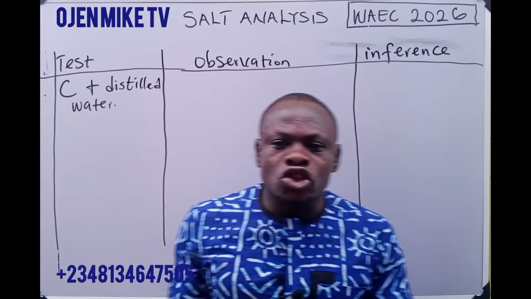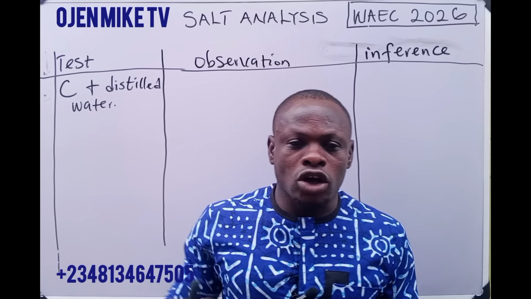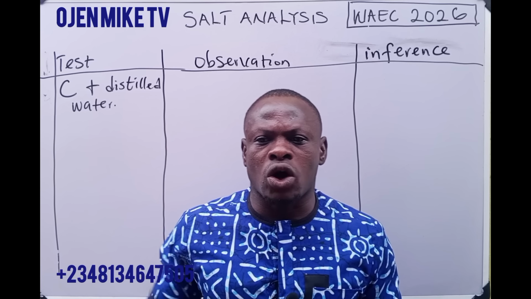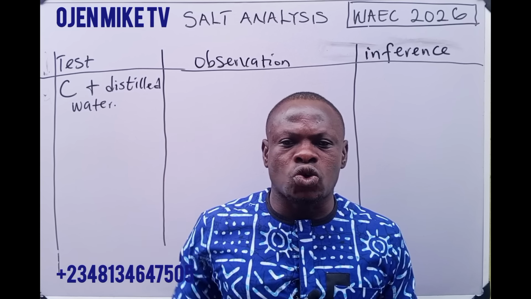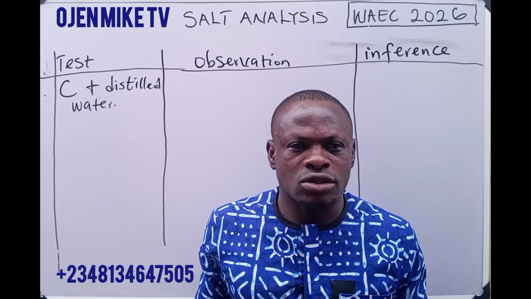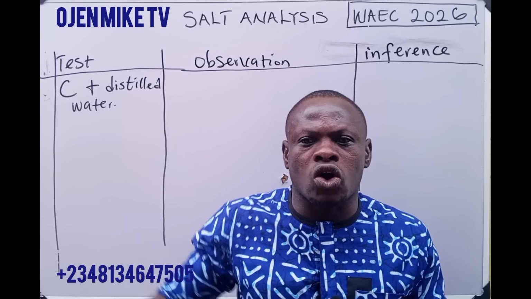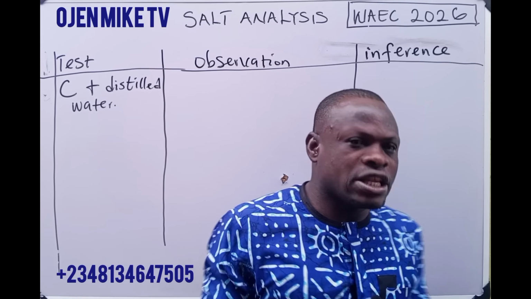If you dissolve that in water, of course you know that it's going to be insoluble. So what you are going to have is C is insoluble in water. Do you get that? C is insoluble in water, and a white solid is observed. That is what you are going to have.